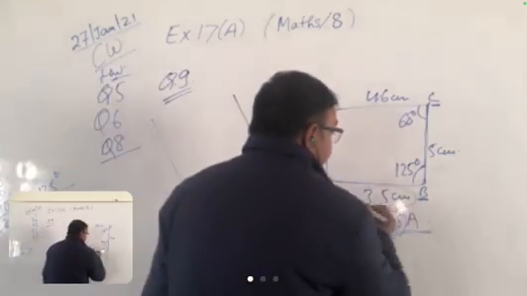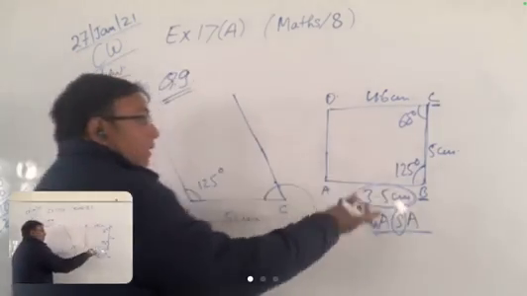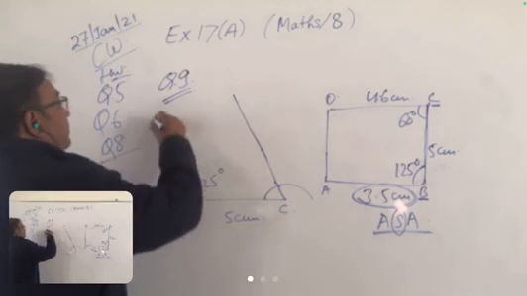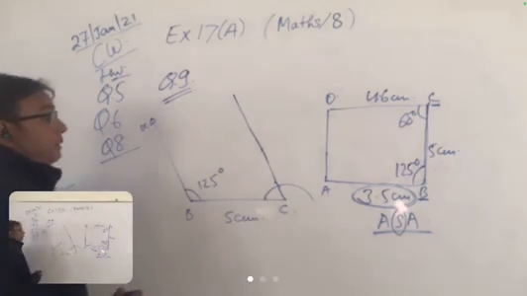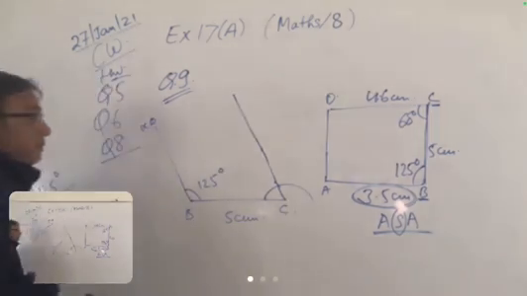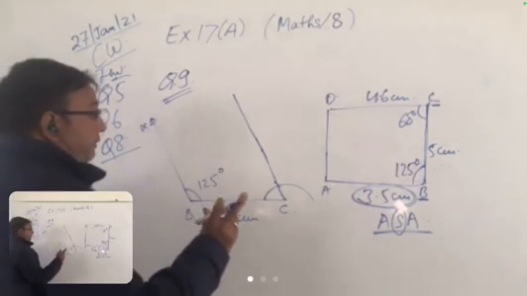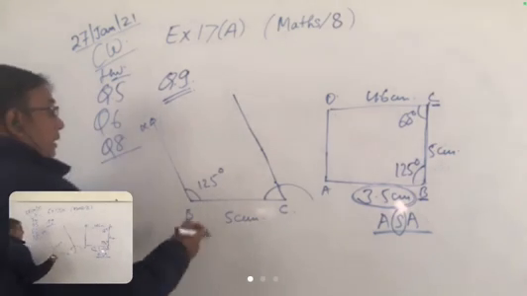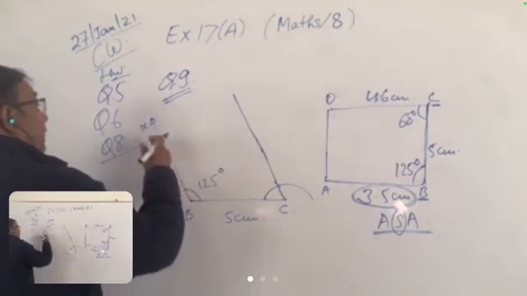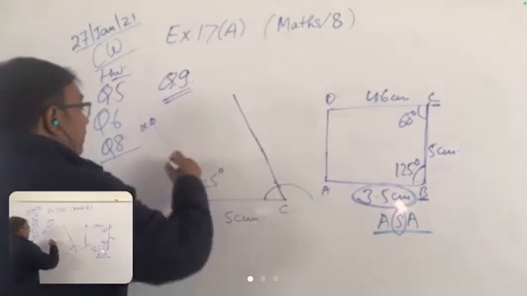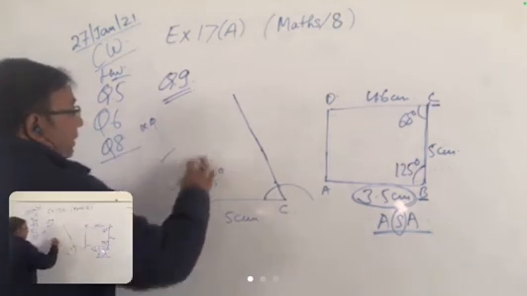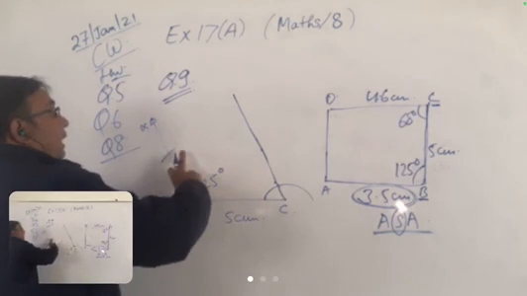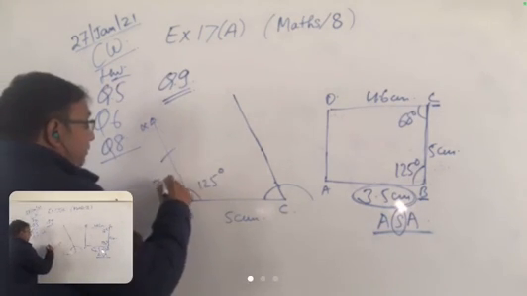AB or BA. Take a radius of 3.5 and cut this line, say BX. Take a radius of 3.5 and cut the ray BX. Suppose we take a radius of 3.5, put the compass at B and then cut 3.5 centimeter.